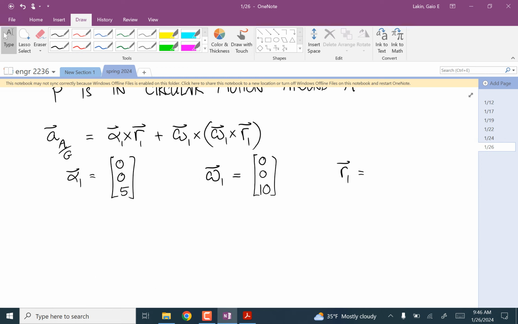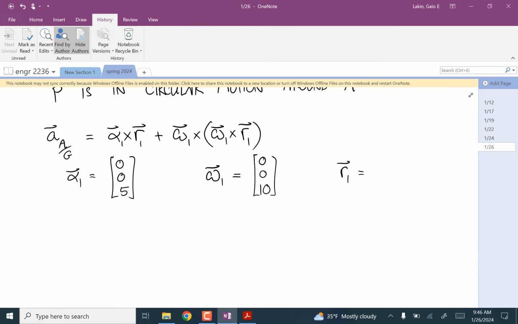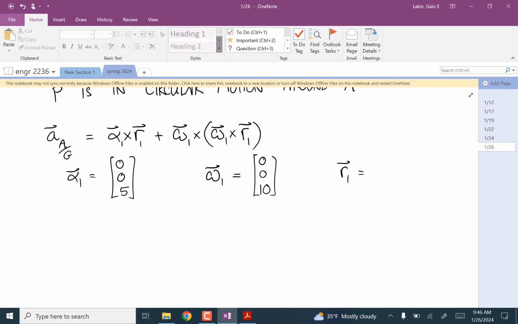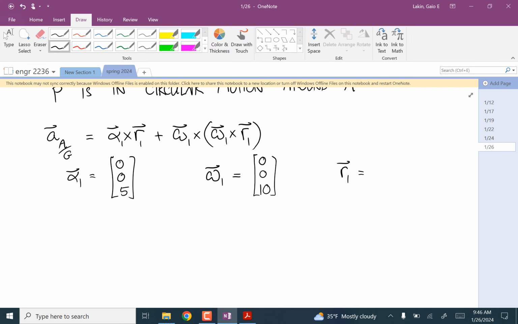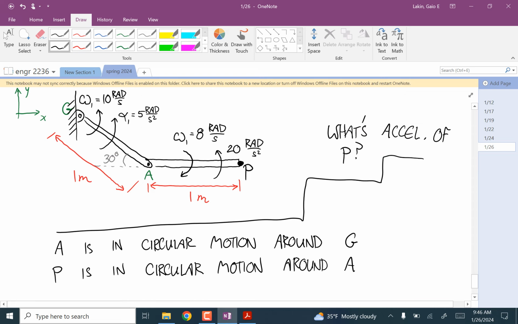Use cosine and sine, times the length of 1. Okay, you can think of that as cosine and sine of negative 30 degrees.